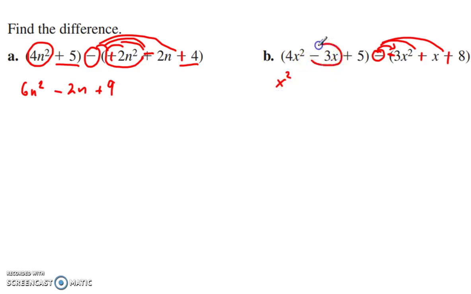Now we have negative 3x plus 1x. If there's no coefficient, always put a 1 there. Negative 3 plus 1 is negative 2x. And then we have plus 5 and plus 8. Remember, we changed that sign, made that positive. So that's plus 13. So that's the tricky part. When you're subtracting, remember, you change all the signs inside the parentheses, and then you can add them.